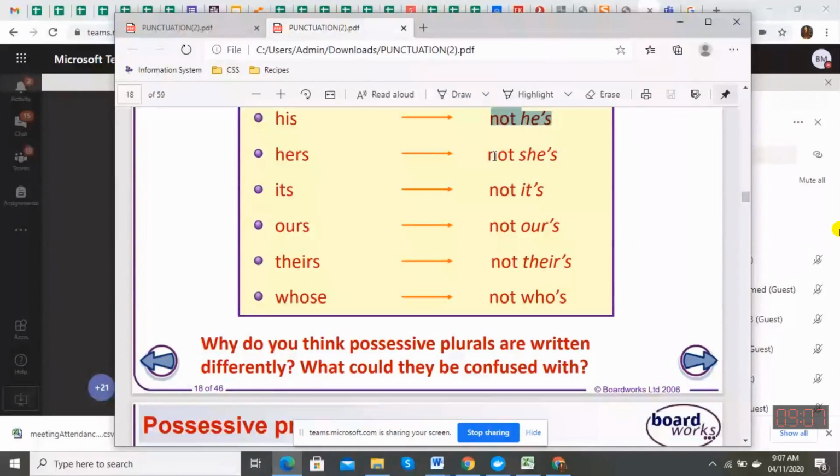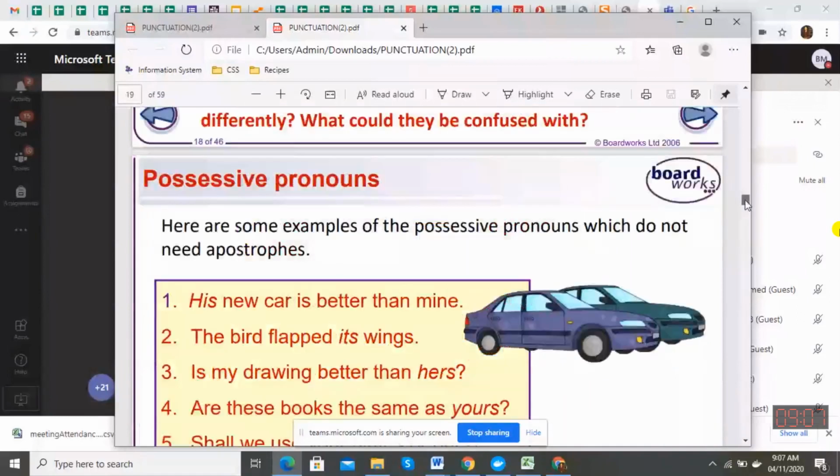If we write it like this, it will look like a contraction. It means he is, she is, it is, rather than showing possession of hers or its. Okay?